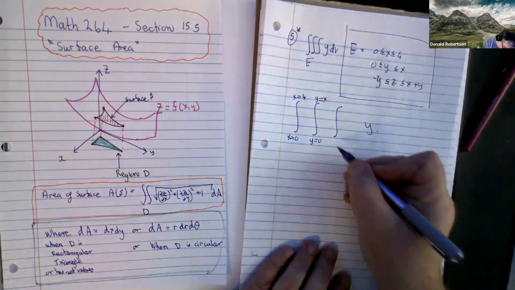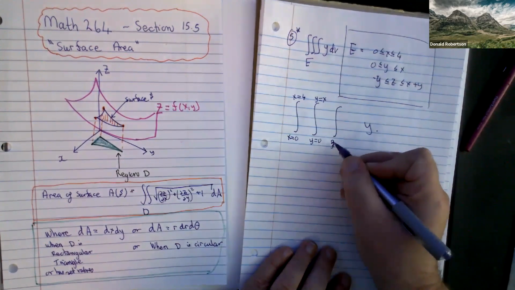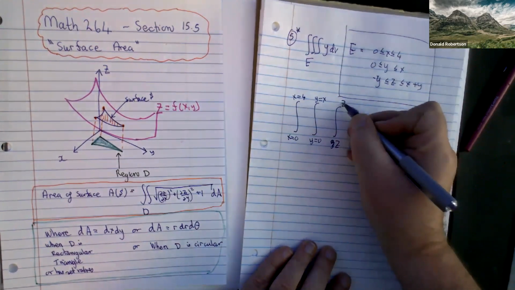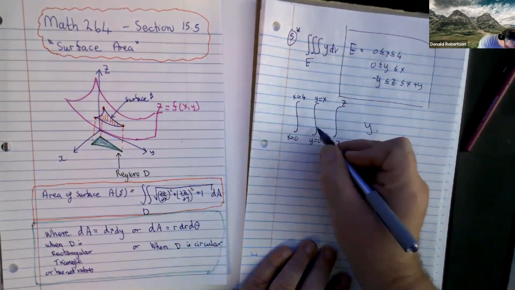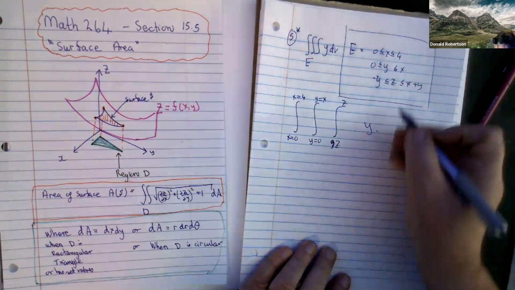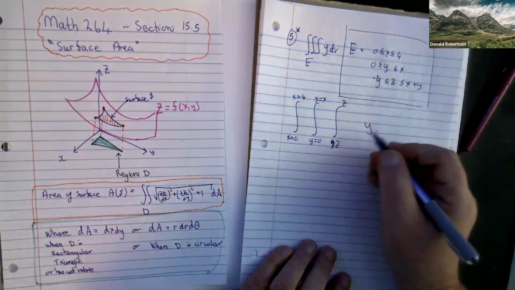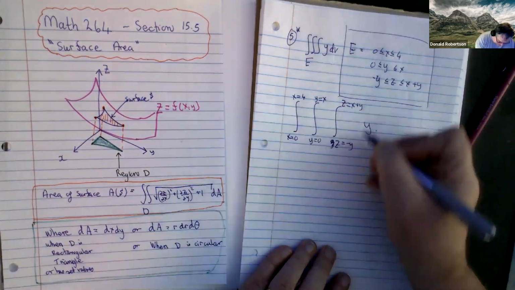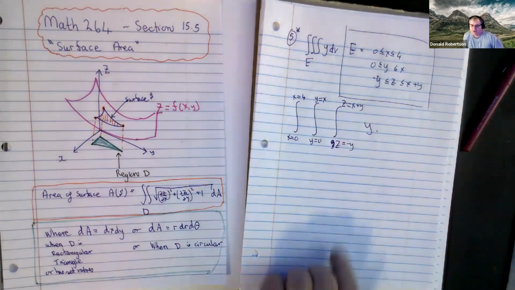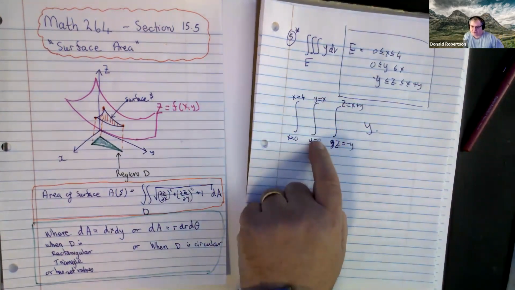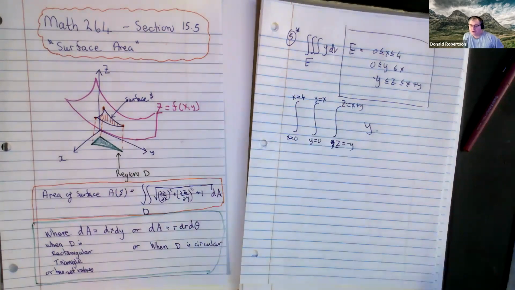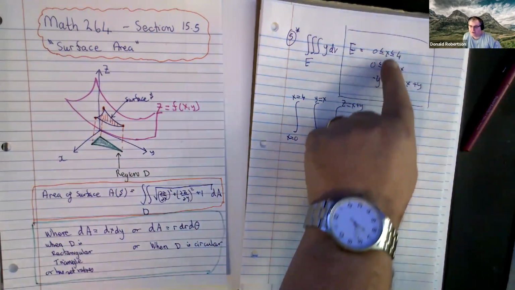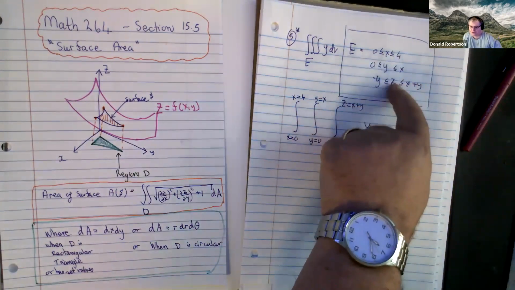Essentially, you always go from ugliest to less ugly to numbers. Can you see this one is pretty ugly because it actually contains two of the variables, right? It contains x's and y's. This one only contains the x's and this one only contains the numbers. So if you've got a limit of integration, you've got three choices, the x, the y, or the z.